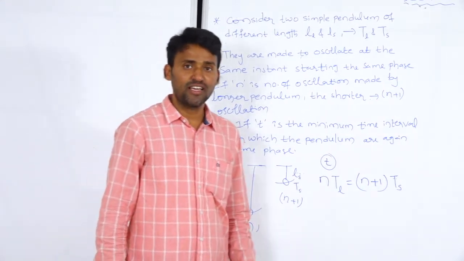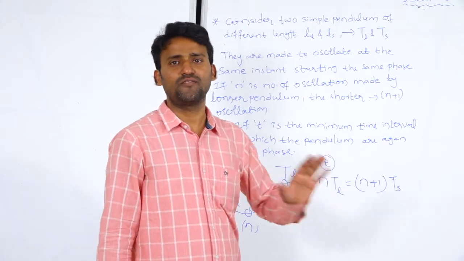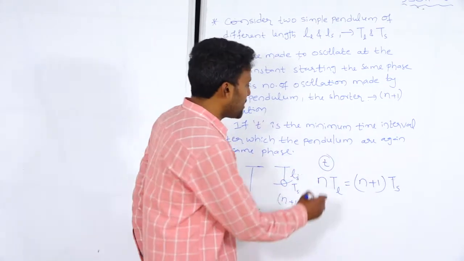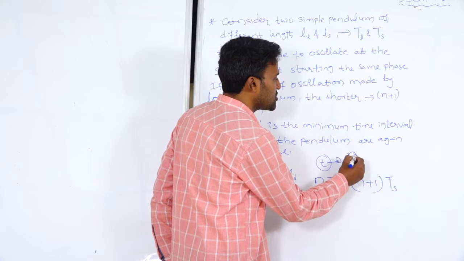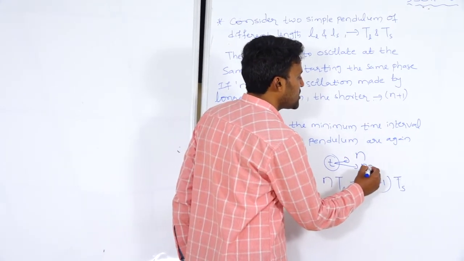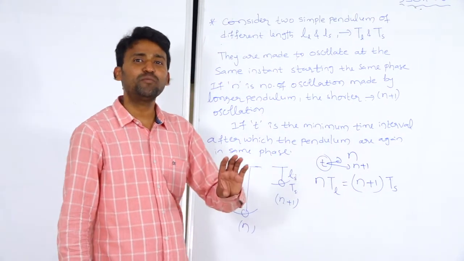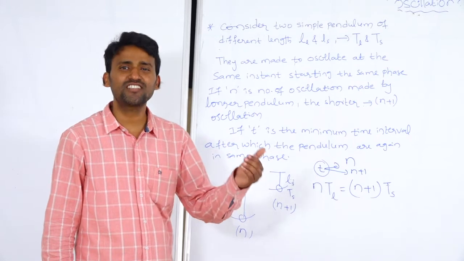For your understanding, again I am telling, because it is somewhat difficult. In a t time interval, longer pendulum oscillations are n. In the t time interval, shorter pendulum oscillations are n plus 1. So the time interval is the same, but the oscillations are different.